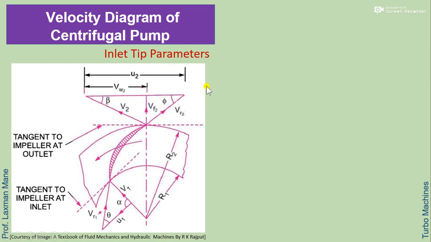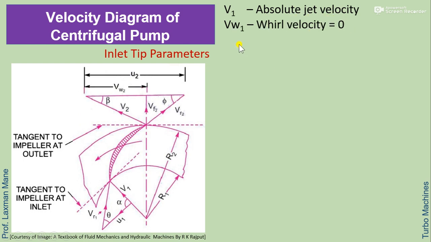In the velocity triangle diagram, at the inlet triangle, the inlet parameters are V1, the absolute jet velocity, and VW1, the whirl velocity. But in case of centrifugal pump, as alpha is equal to 90 degrees, the VW1 component is equal to 0. VF1 is the flow velocity and that is equal to V1.